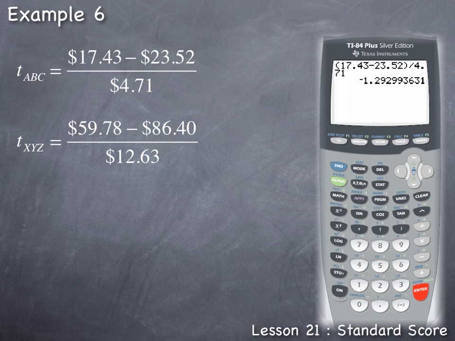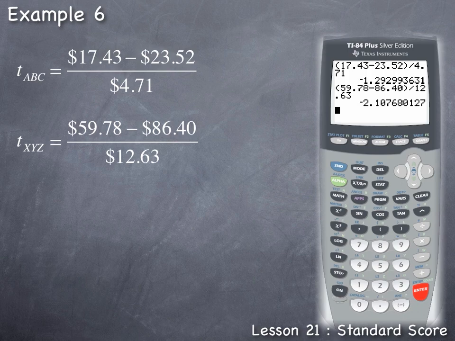To calculate the standard score for company XYZ's current stock price, press left parenthesis, $59.78, subtract $86.40, right parenthesis, divide by $12.63, enter.